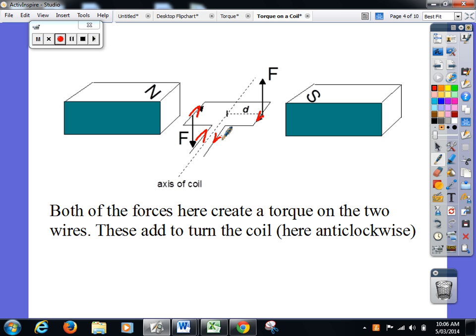We said that the only 2 wires that experienced the force were this one and this one, because they're the ones that were cutting across the field. And we said that this one was forced down in this direction and this one was forced up here, causing a spin in that direction. Okay? And this is the basis of all modern motors.